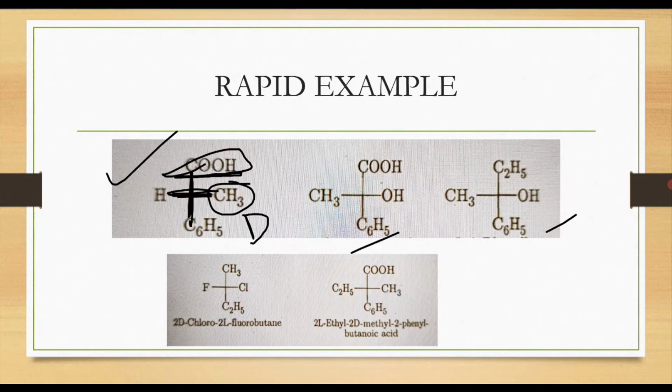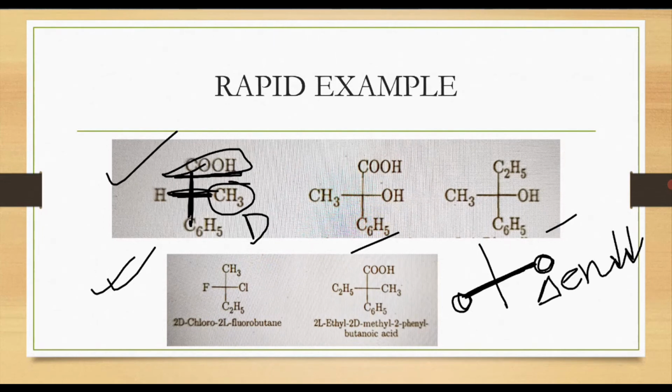Okay, and here is an exceptional case. It is another rule: if between these two horizontal groups the electronegativity difference is very low, that means their electronegativity is almost similar, then we have to assign both D and L here.